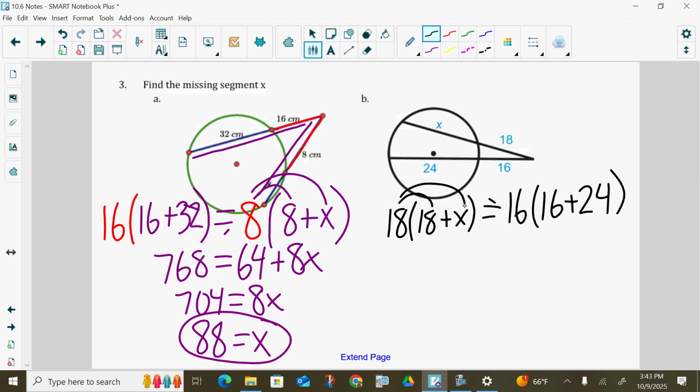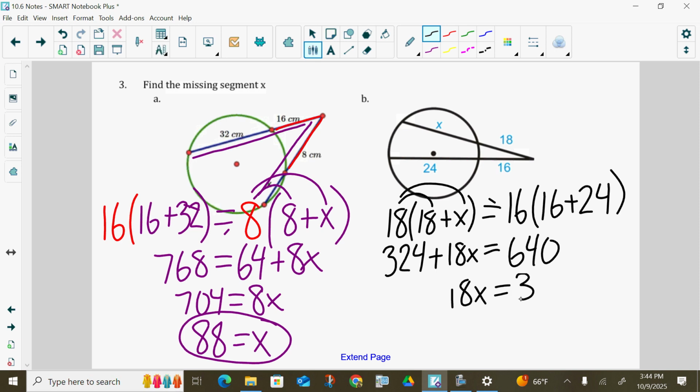So I'm going to distribute that 18, and I'm going to get 324 plus 18x equals, the right side I can do in my calculator, and I'm going to get 640 on this side. When I subtract over 324, I'm going to get 18x equals 316. Divide both sides by 18, and I'll wind up with x equals 17.5 repeating.